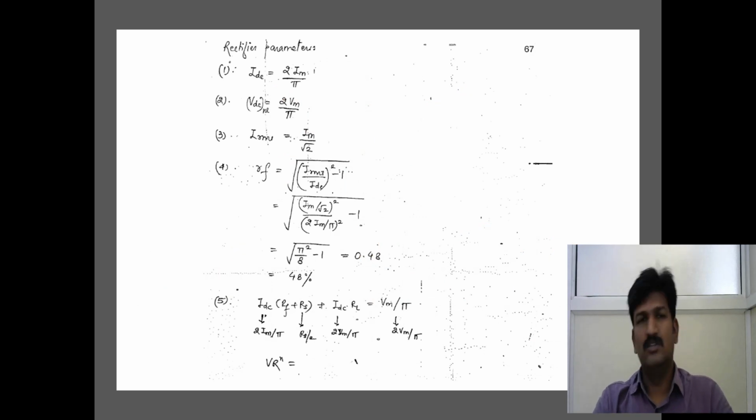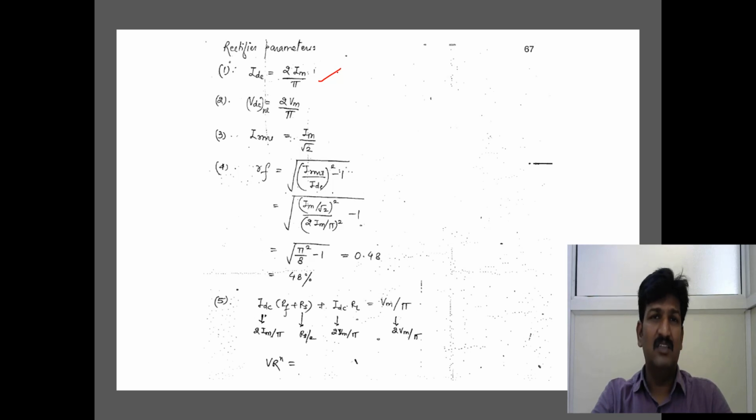Some parameters related to the center tap rectifier. Here we have IDC, the DC current passing through the load resistor. It is equal to 2 Im by pi. Because in the half-wave rectifier it was Im by pi, since only in the positive cycle can you have current passing through the load resistor.